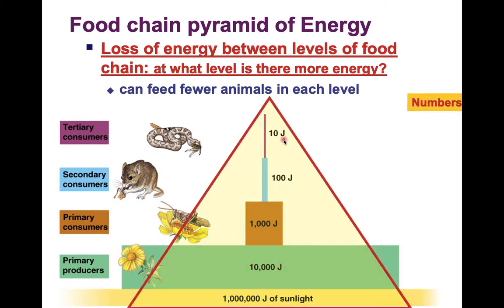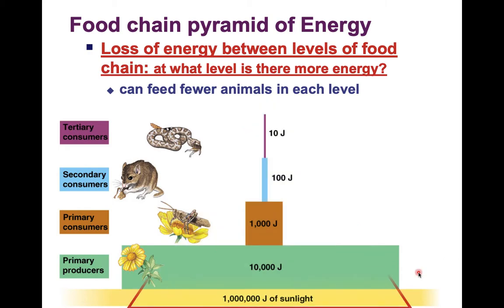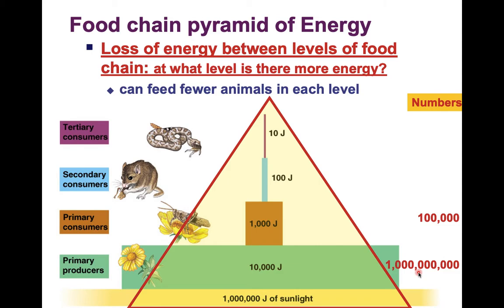And there it is. It's a beautiful pyramid. Now, if you compare the pyramid of energy, which we just looked at, with numbers, what do you notice here? Notice again that there is a greater number of primary producers, right?